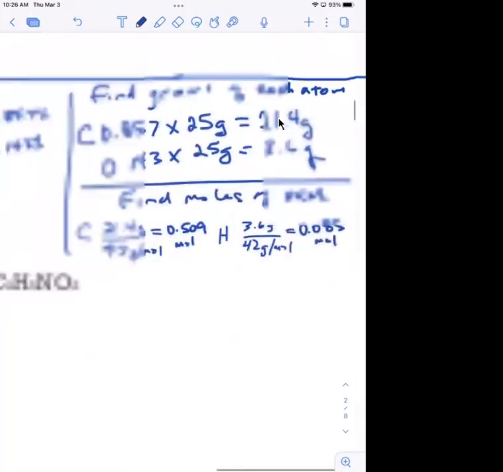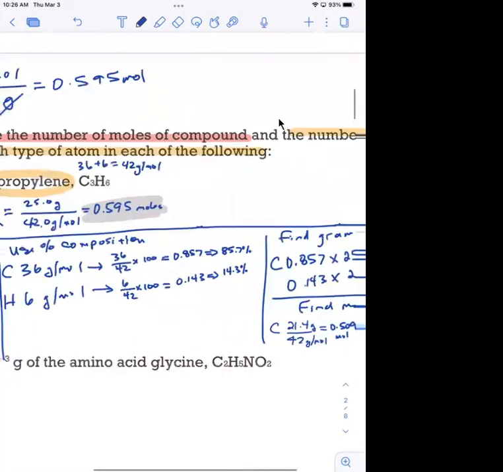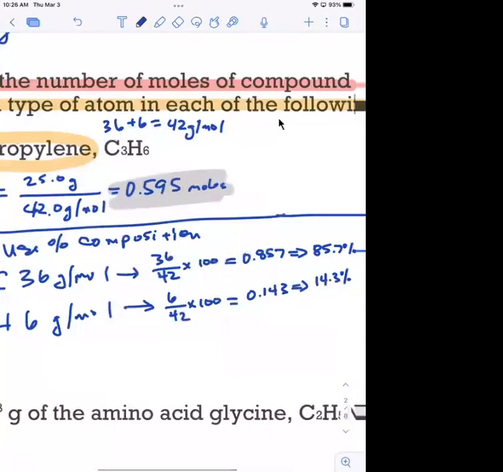Is that what you have? Like 0.509 and 0.085? Yes. All right, and that adds up. It's 594, but this was 595 because we rounded up.